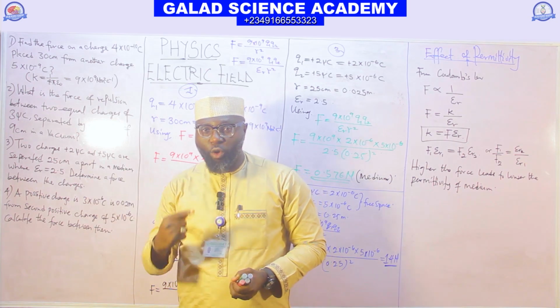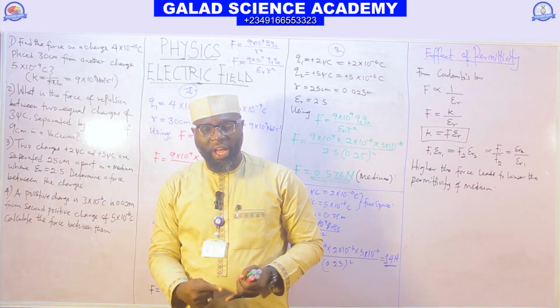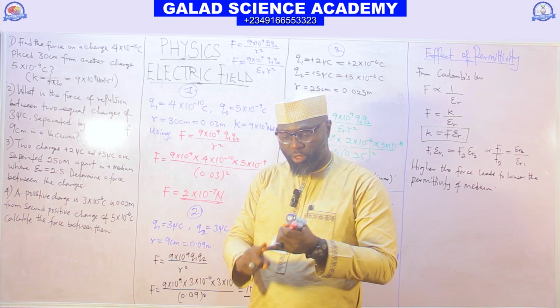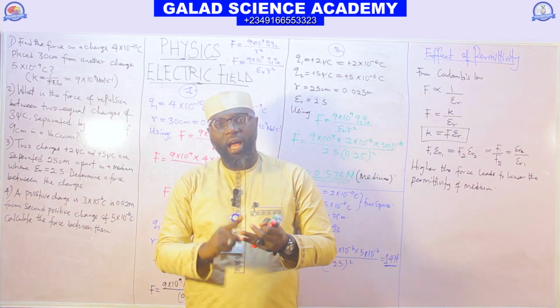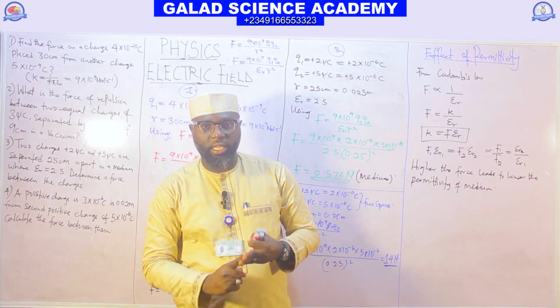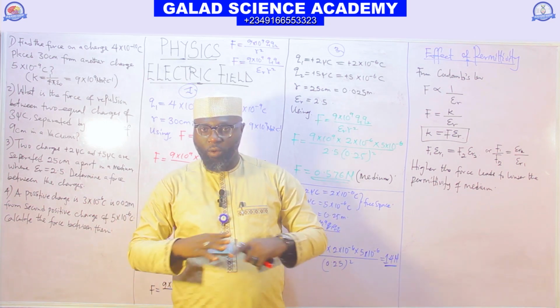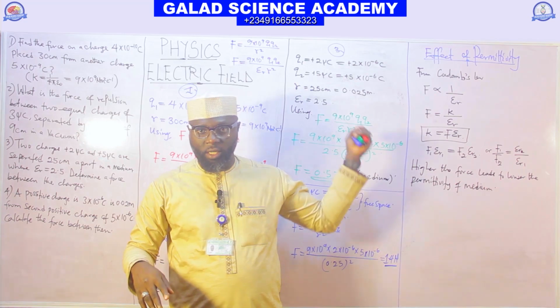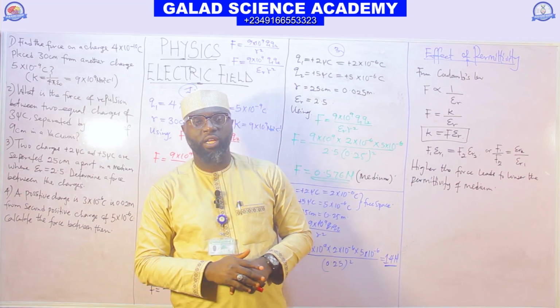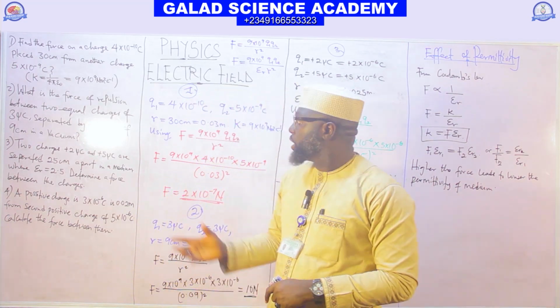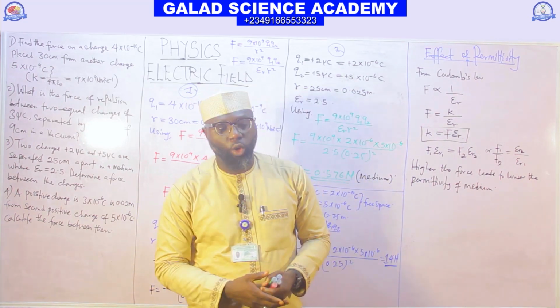But the vector form of Coulomb's law, we have it in the IJMB syllabus, JAMB syllabus, and 100 level syllabus. So the next aspect now is not meant for JAMB or WAEC. It's for A-level students and 100 level students. Let me move up the board and move to Coulomb's law.